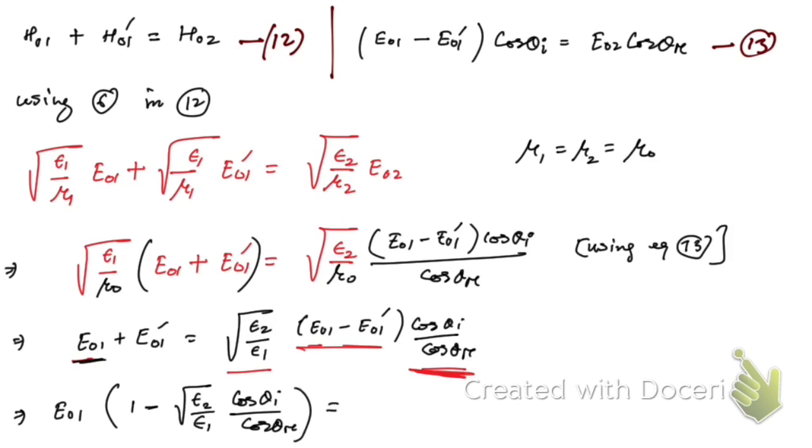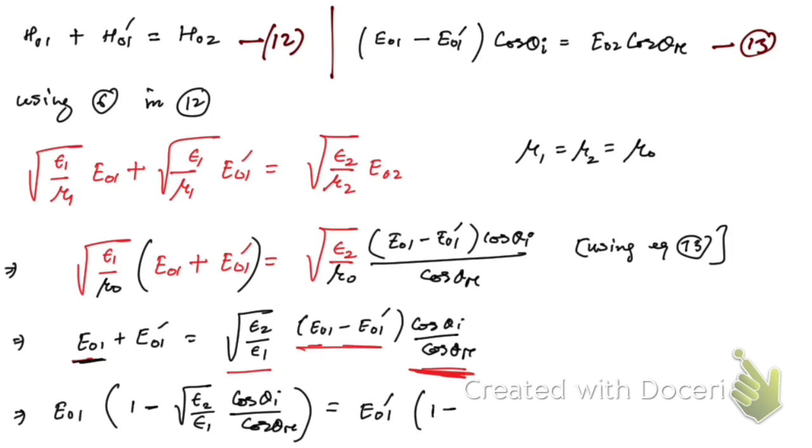Similarly, if you transfer this one to the right hand side, then taking E naught 1 dash common, E naught 1 dash is going to be equal to 1 minus, actually we can make it positive.